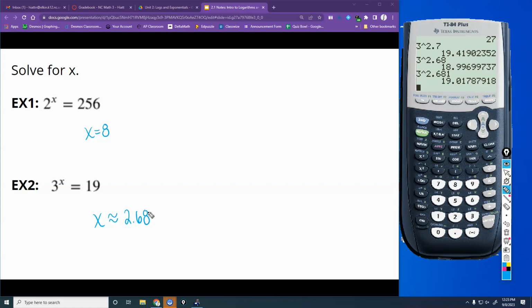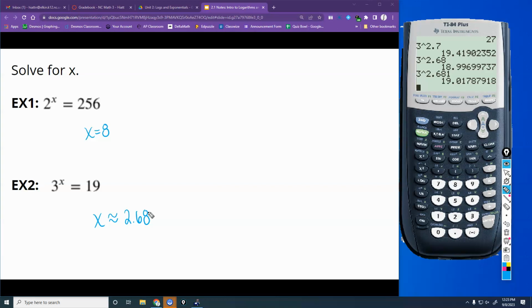Now, if we did that long enough, we could get even closer. To prove that, in second period today, about 30 minutes after we finished this question, Elijah Tilley raised his hand and had gotten it to actually equal 19. He had like 10 decimals out there.